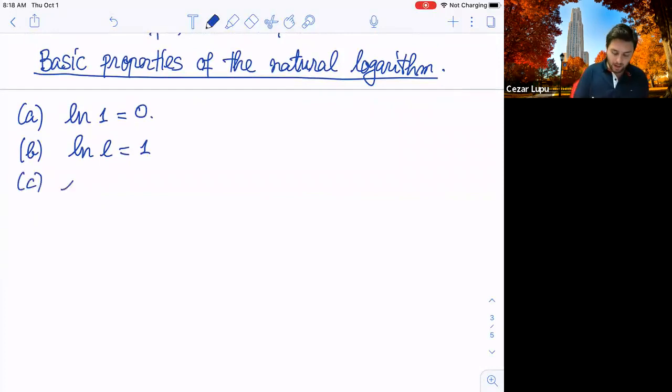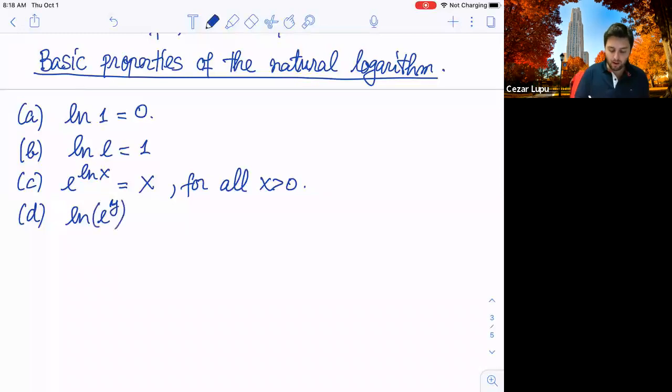C, e to the power ln of x will always be x for all x greater than 0. D, ln of e to the power y will always be y for all y.